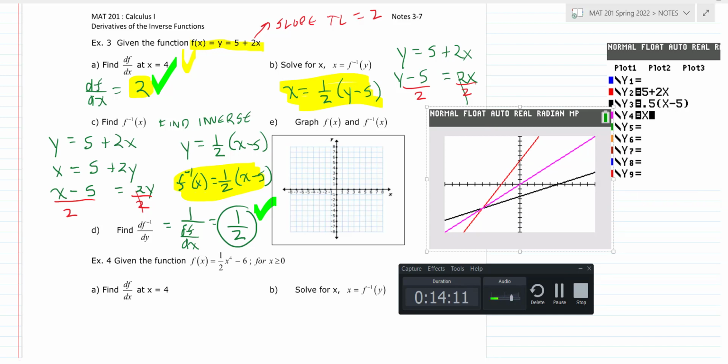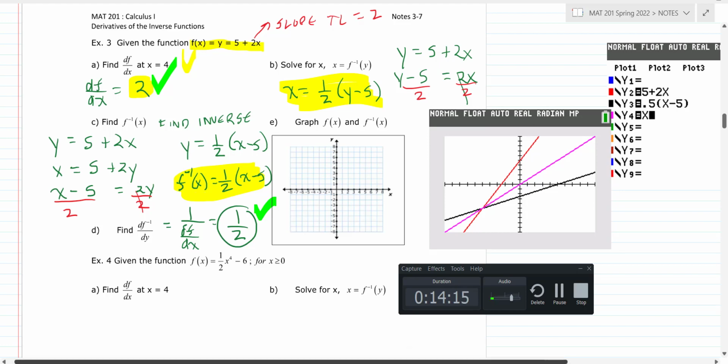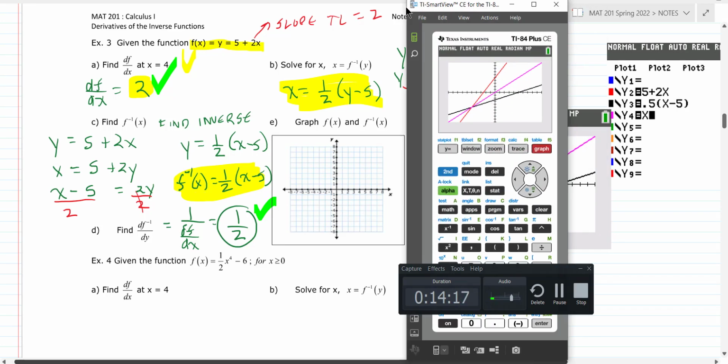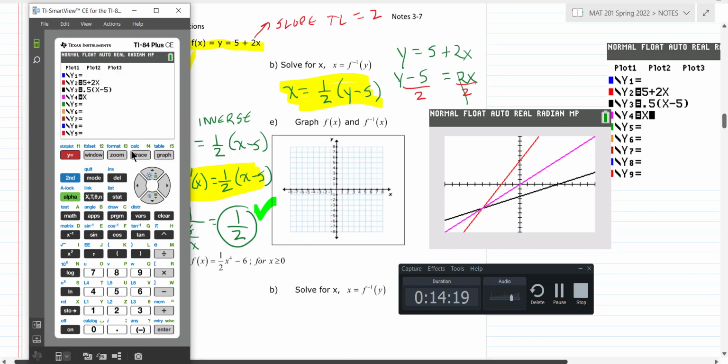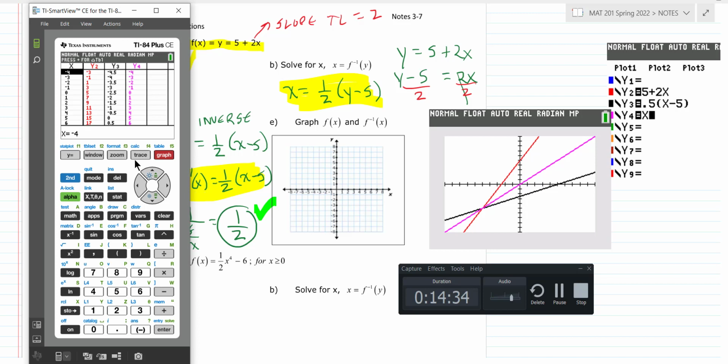So first of all, the function in red right here, let me get my graphing calculator back out so I can show you what I graphed first. What I graphed in red was 5 plus 2x. So let's just graph that the same way. There are a couple of points on here, and you can go to the table of values. If I go second graph, the y2 in red there, those are function values.